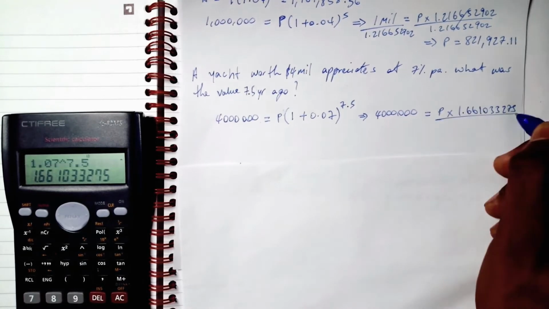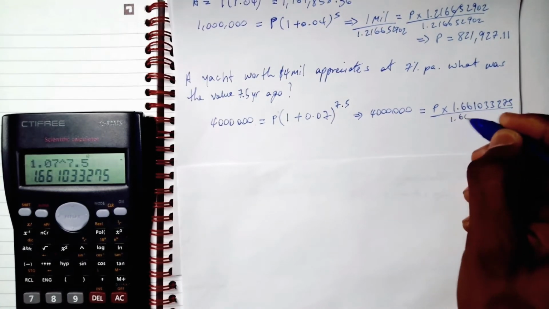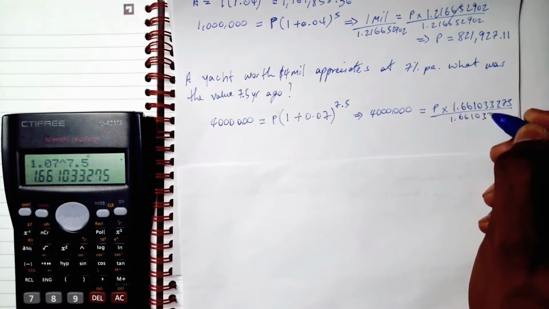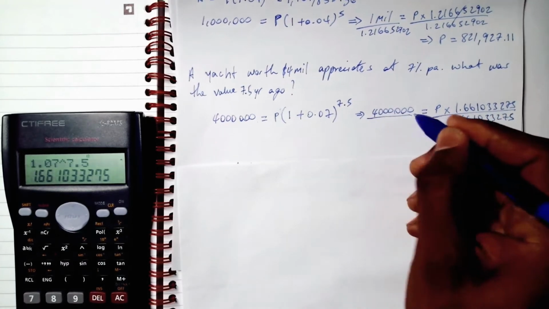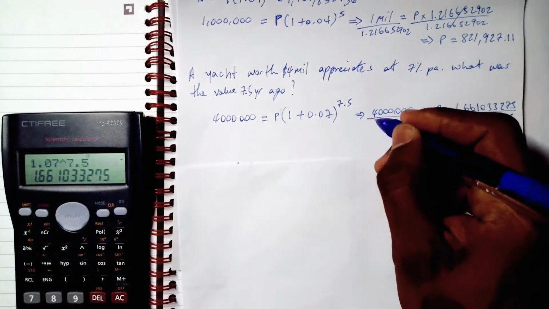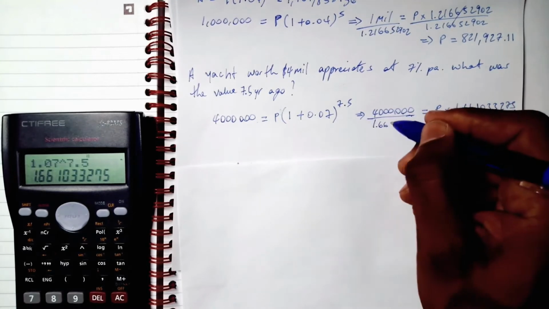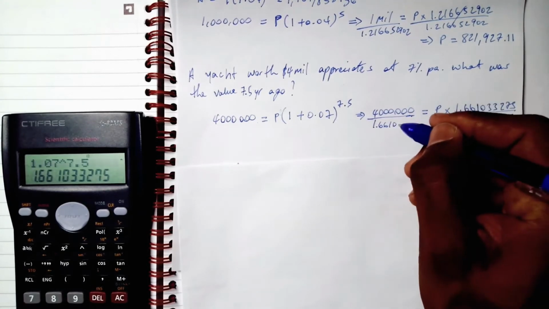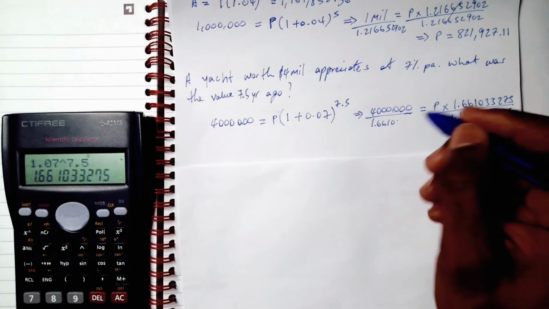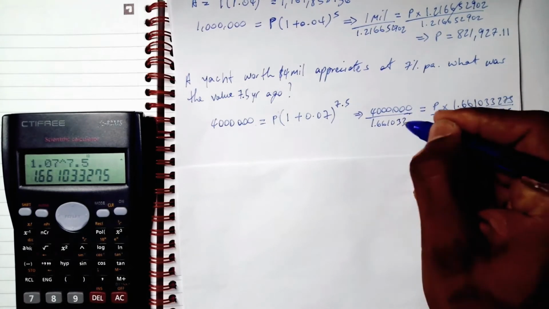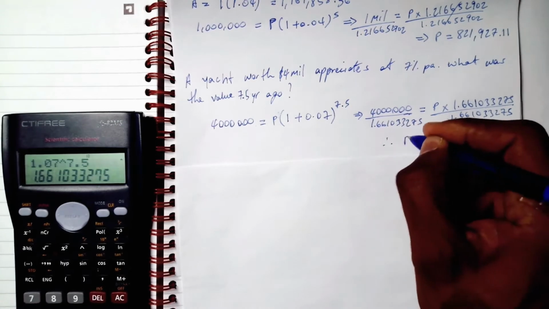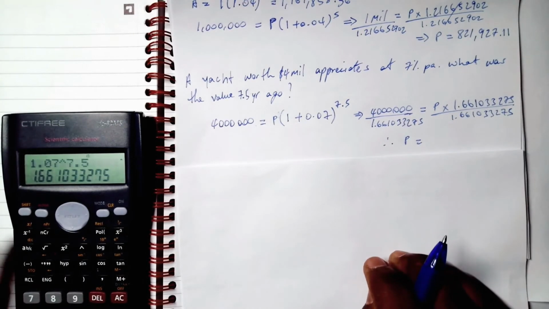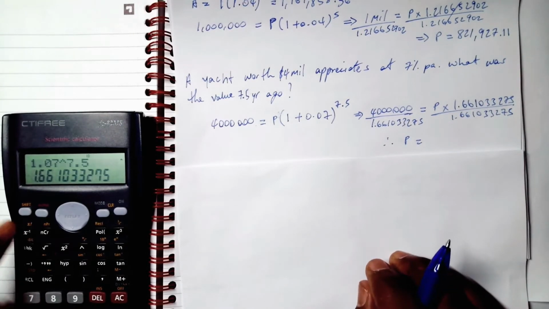1.661033275. Divide both sides by it. Remember, we don't practice rounding in the middle of a question. It gets really inaccurate. Therefore, P is equal to, we can press this right here.